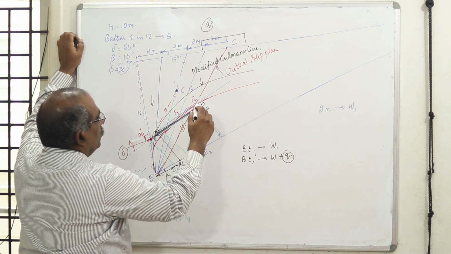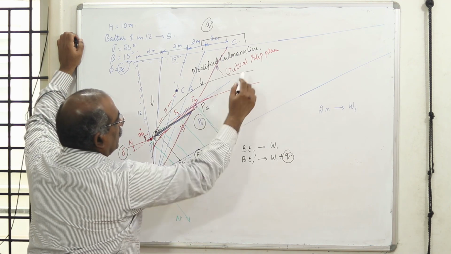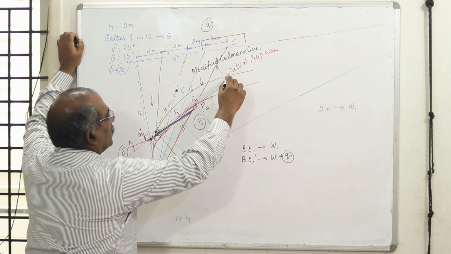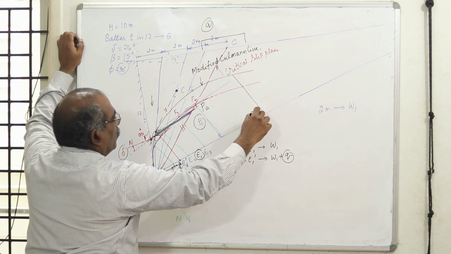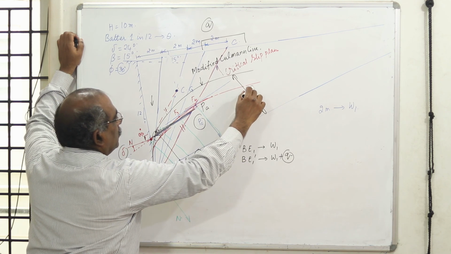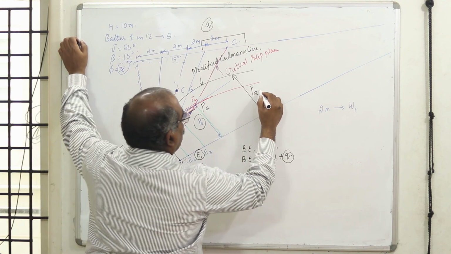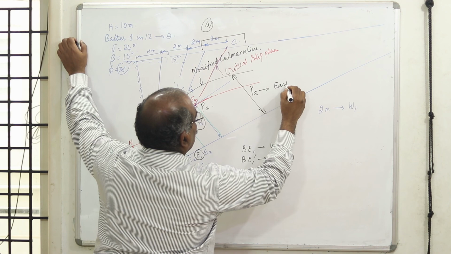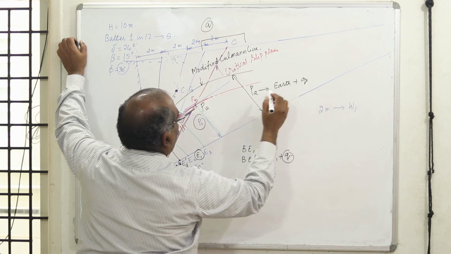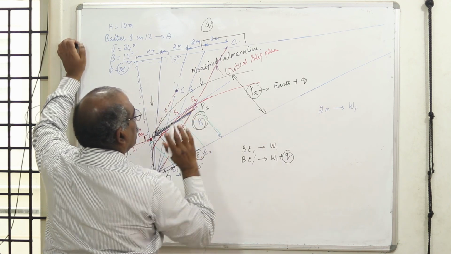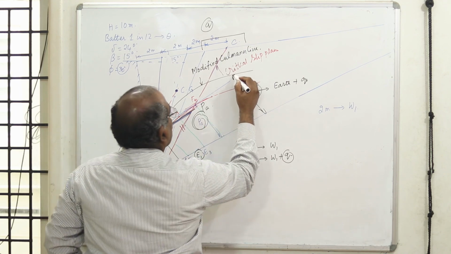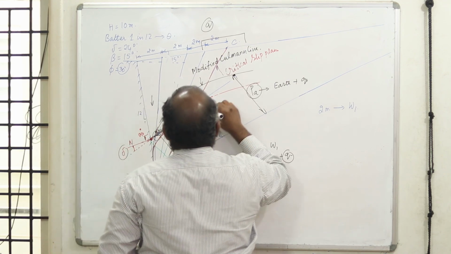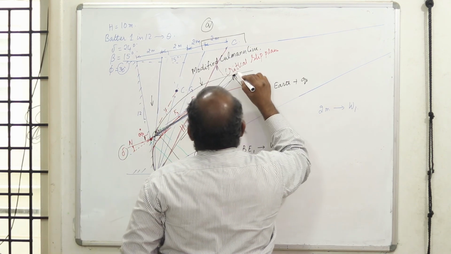Now I draw this and extend it till I get a line such that my PA value, this is the PA because of the earth, plus Q, this value and this value should be the same. Now whenever I get this point, I can extend this line.